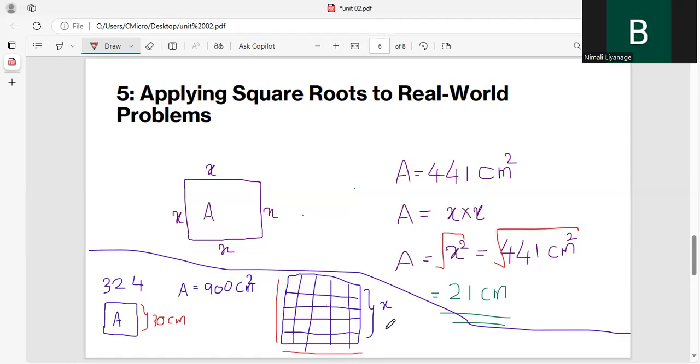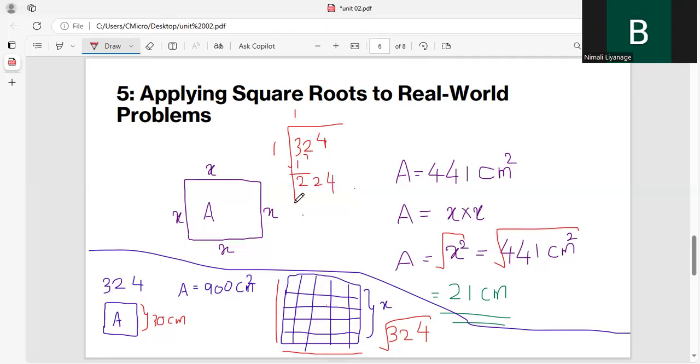To find this, we should find the square root of 324. Practice the division method for 324. What is the largest square less than 3? It is 1, no? Two. So the second digit is 24.